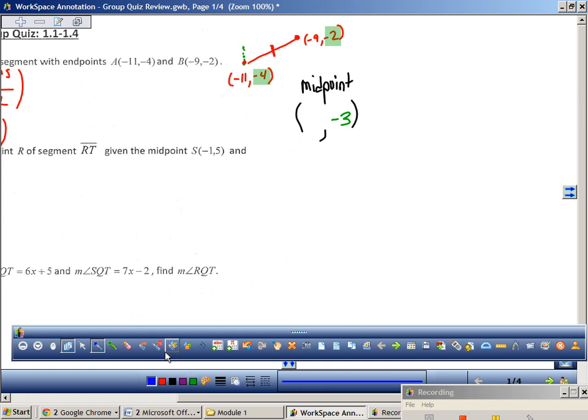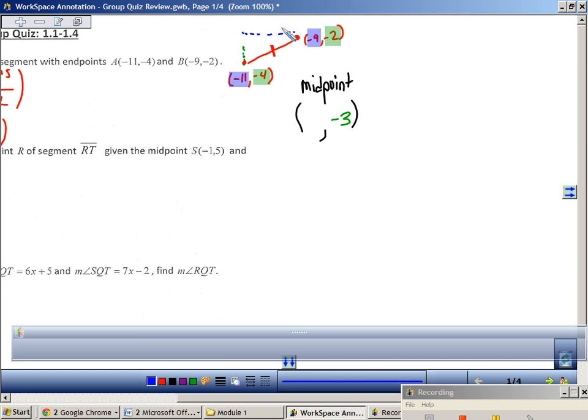Let's do blue. Okay, my run. From -11 to -9, how much of a run is that? How far is it to go from -11 to -9? 2. What's half of that? 1.